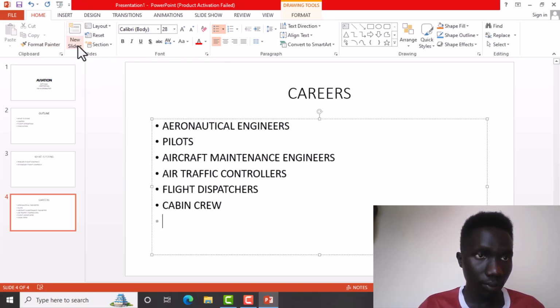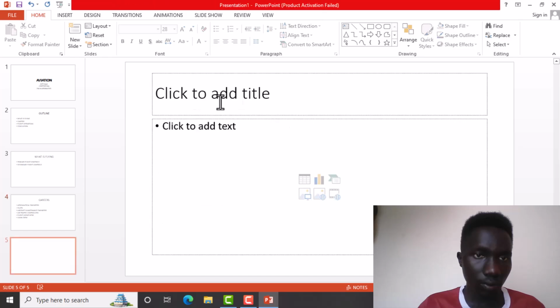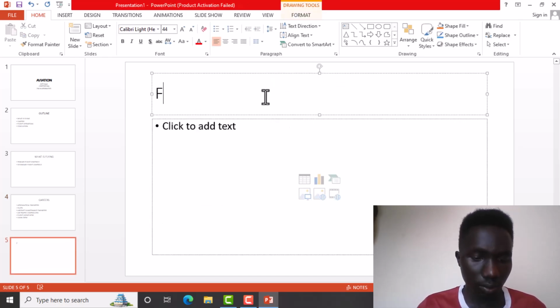And then flight and the flight operations.